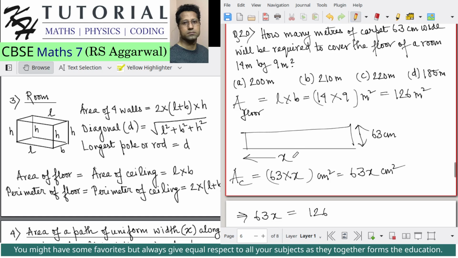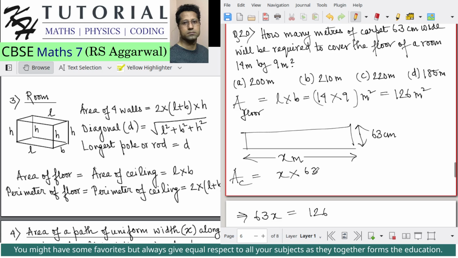So let's say x meter length of the carpet is required. So the area of the carpet now will be x multiplied by the width. x is in meter and the width is 63 centimeter.